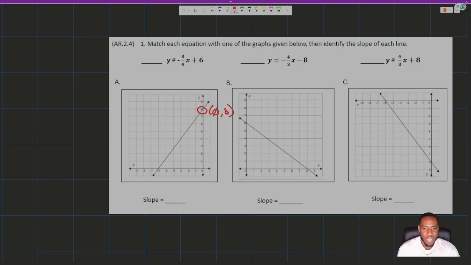Based on that alone, looking at each of our equations, if these are all in slope-intercept form, then that constant at the end is what represents the y-intercept. We see the first one it's 6, the second one it's -8, and so this third one is the only option we have for a matching y-intercept, and yes, that is at +8. So this one matches with graph A.